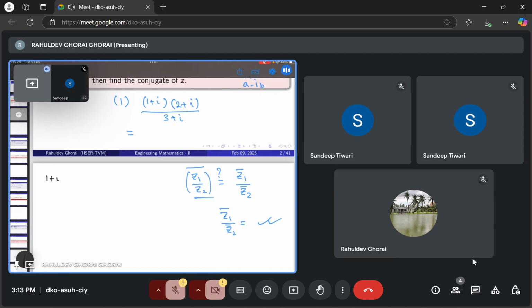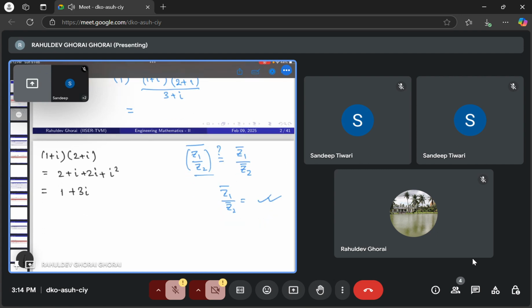So let's do it. (1 plus i) times (2 plus i) will be 2 plus i plus 2i plus i squared, right? What is i squared? It is minus 1, so it will be 1 plus 3i. And now you have (1 plus 3i) over (3 plus i).